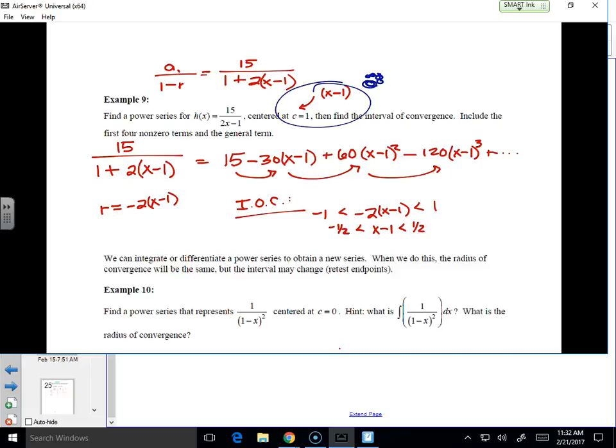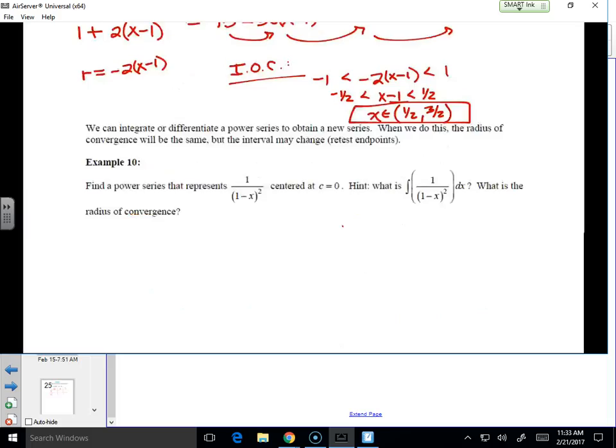Is that right? Divide by negative 2, flip all the inequalities. So x is going to be within... Can you distribute the 2 first? Maybe that. Oh, it's plus. That's okay.